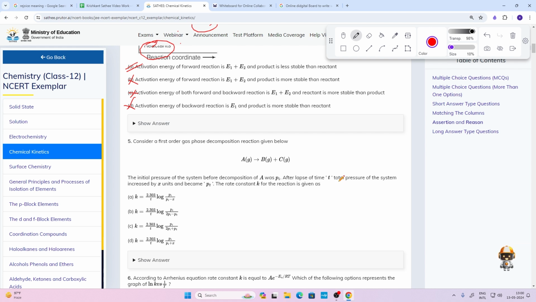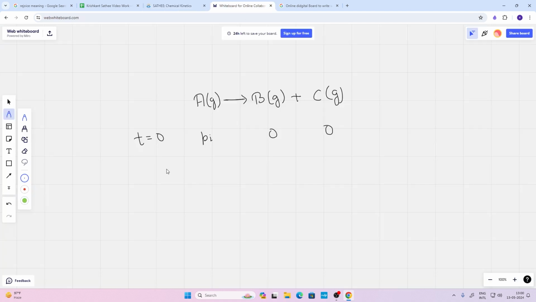Next, after a lapse of time T, the total pressure of the system increased by X units and become PT. Suppose I say that after T time, A moles of A dissociates.